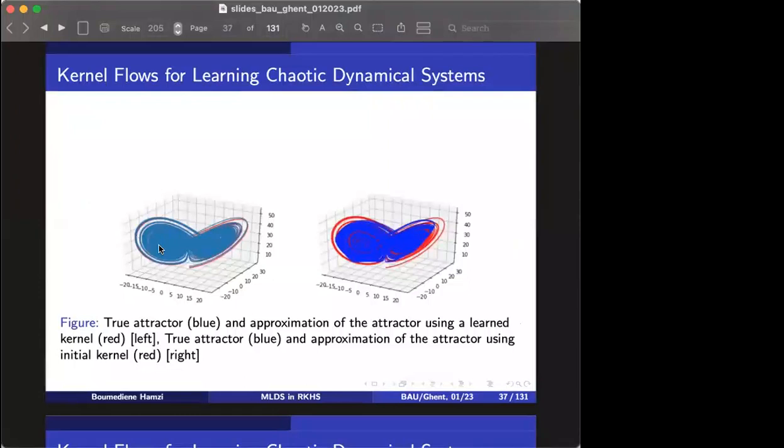On the left side is the reconstruction after learning, and the right side is before learning. So we see an improvement in the performance.